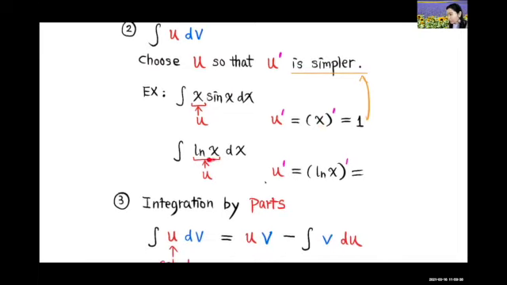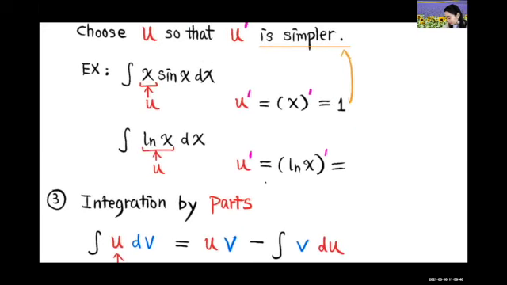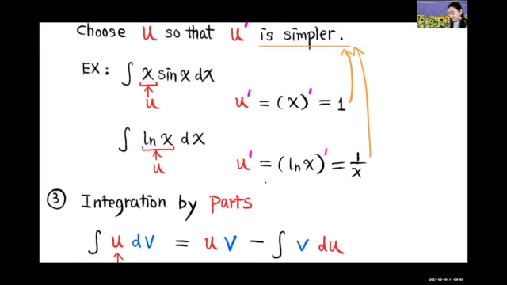For this integral over here, we let u be ln of x. So u prime is the derivative of ln of x, which is 1 over x. 1 over x is simpler than ln of x.